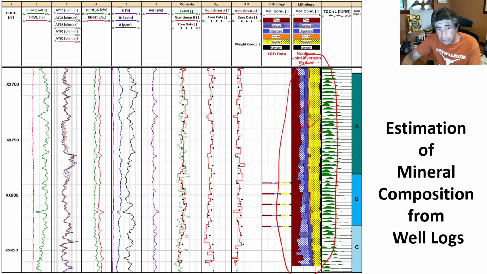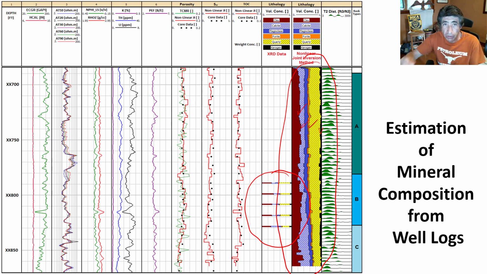And to support those calculations, here we have X-ray diffraction data, where you take samples of the rock and send them to the laboratory, and using X-ray diffraction analysis, those compositions can also be estimated. They serve as ground truth to compare to the estimations that we perform with well logs.